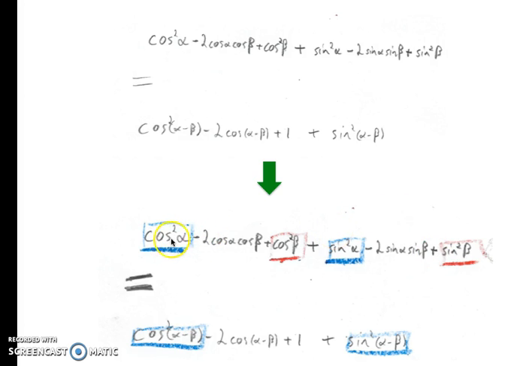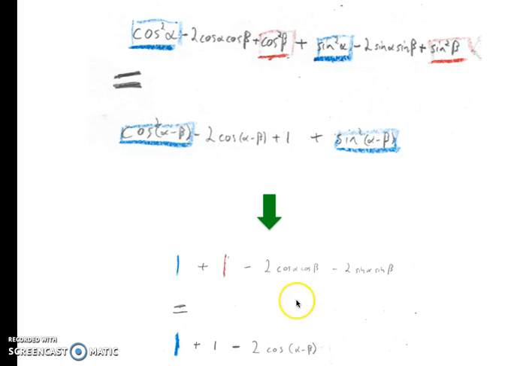So we see that cosine squared alpha plus sine squared alpha is equal to 1, and cosine squared beta plus sine squared beta is equal to 1. Likewise, on the right-hand side, we have a cosine squared of alpha minus beta and the sine squared of alpha minus beta. So they're going to combine to make 1.